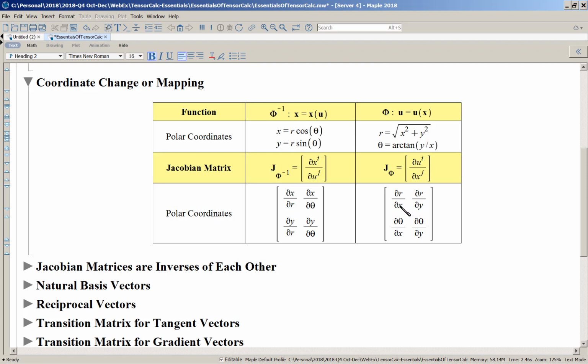The derivatives, x, y, that's j, that's a column index. So think of this as row, column.